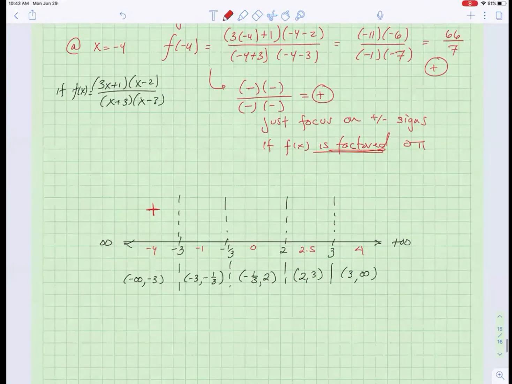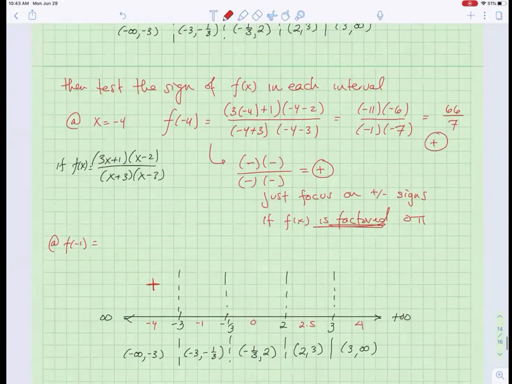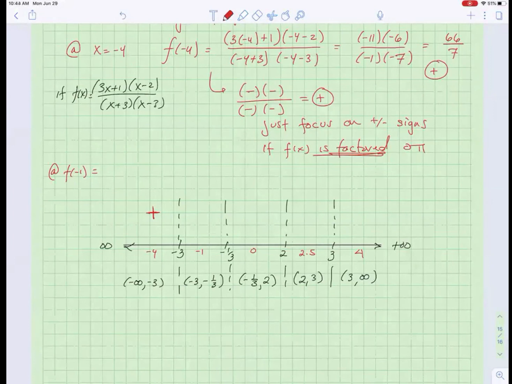So going through the other ones really quick, at f of -1, we're going to get negative times negative over, when I plug in -1, I'm going to get -2 times -3 over 2 times -4, which is negative times negative over positive times negative, which overall is negative. So it's negative in this region.